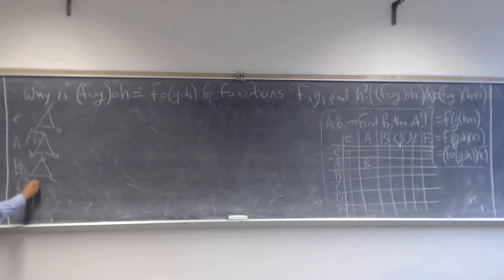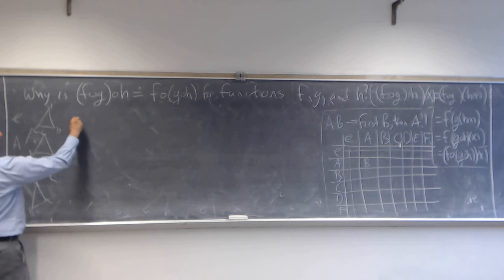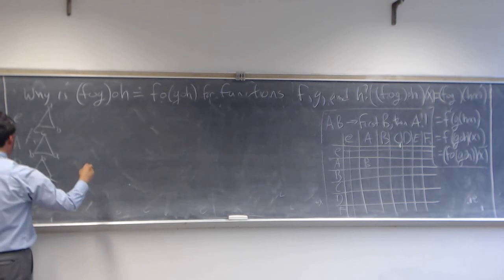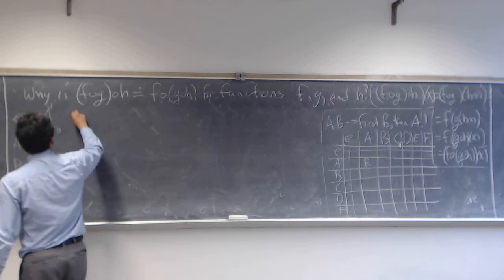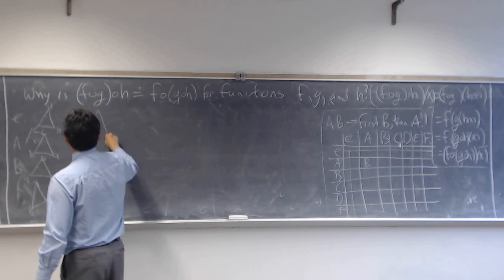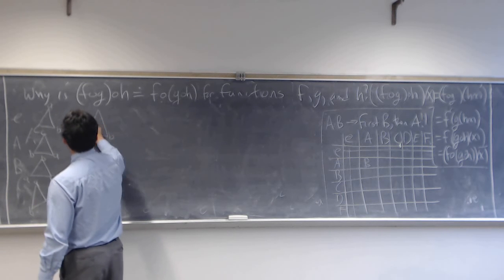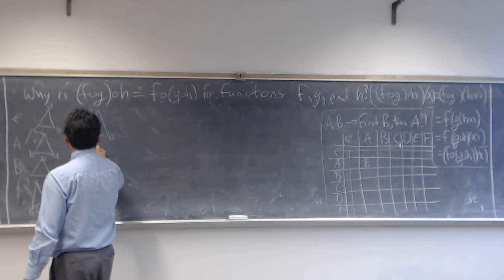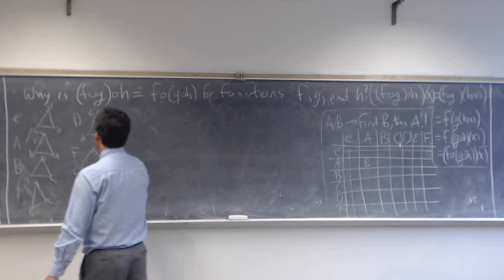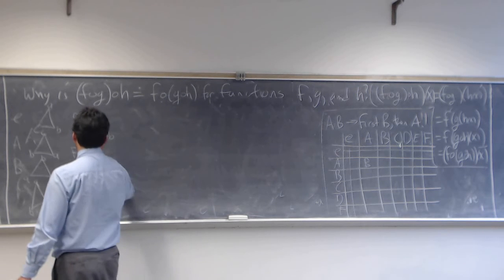D, that was a reflection through A, so that would be A, C, B. I'm sorry, that would be C. D, we left this the same, and that would be A, C. And finally, F, the C remained in the lower left corner, and these two switched.